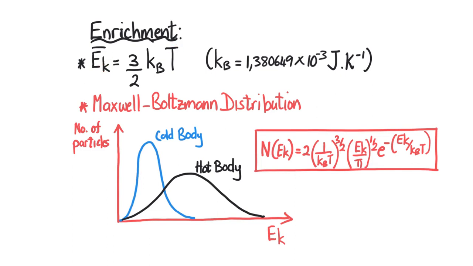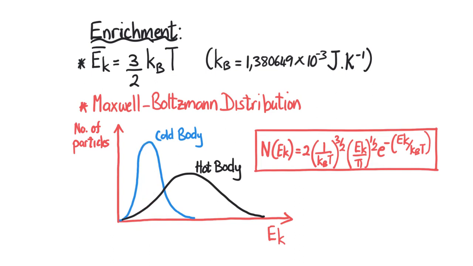So now, looking at the Maxwell-Boltzmann distribution, which you will also look at in chemical kinetics in your grade 11 syllabus, if you look at the number of particles in a system and you look at their kinetic energy, the distribution of their kinetic energy, when you've got a cold body with a lower temperature, then you find that the distribution has got a narrower peak, and the peak is at a lower kinetic energy.